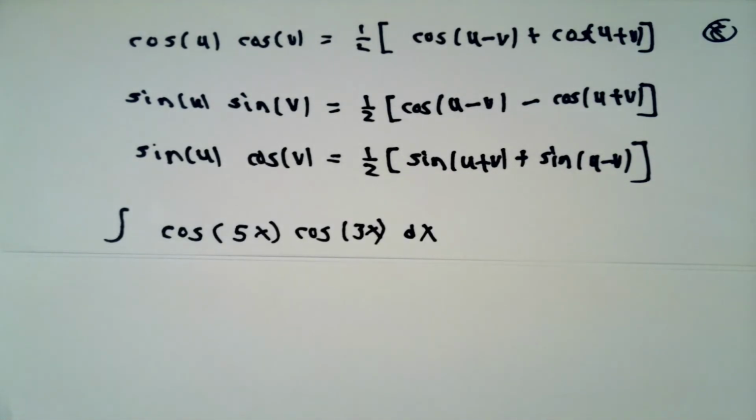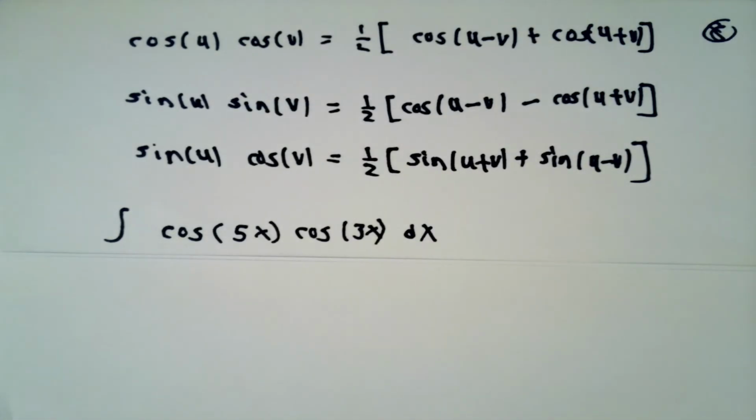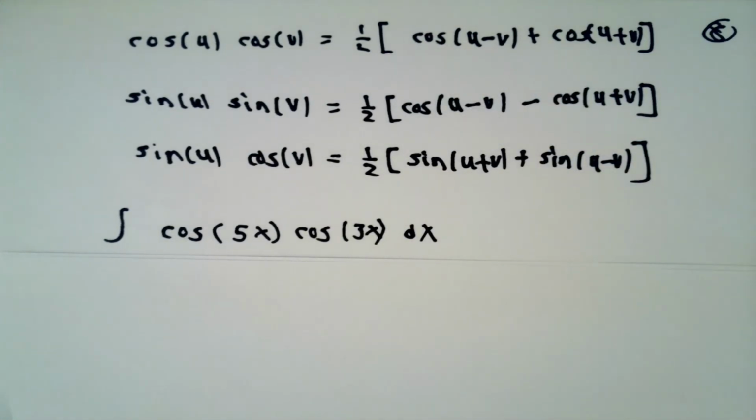As an example of the usage of this, if you want to calculate the integral of cosine 5x times cosine 3x with respect to x, I will use the formula that tells me about the product of cosines. I'll think of the u as being 5 times x and the v as being the 3 times x. The thing that I'm integrating is the same thing as 1/2 times the sum of two cosines.